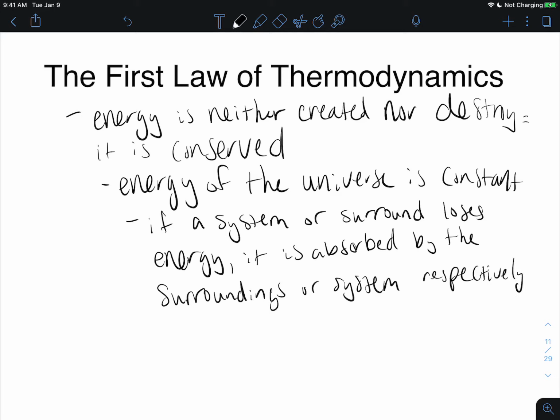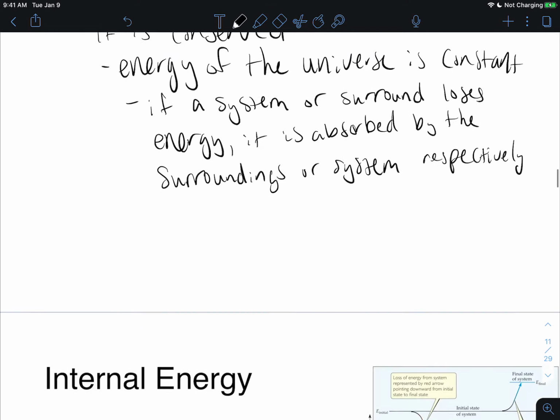So there is that conservation. If a system loses energy, the surroundings will absorb it. If the surroundings lose energy, the system will absorb it. And then, of course, same idea as if it's absorbing energy.